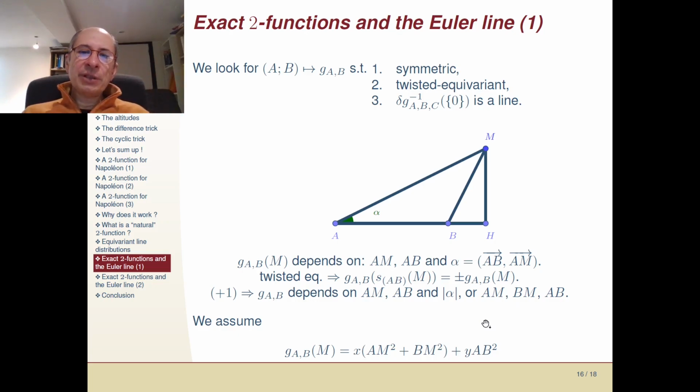So maybe you are saying that, okay, now this is not general anymore because we have made an additional assumption that G is given by a second degree polynomial. But in fact, this assumption is here to ensure the third property, that the zero set of delta G is a line. Because if you use a polynomial of some other degree than 2, you don't have this property, sorry.